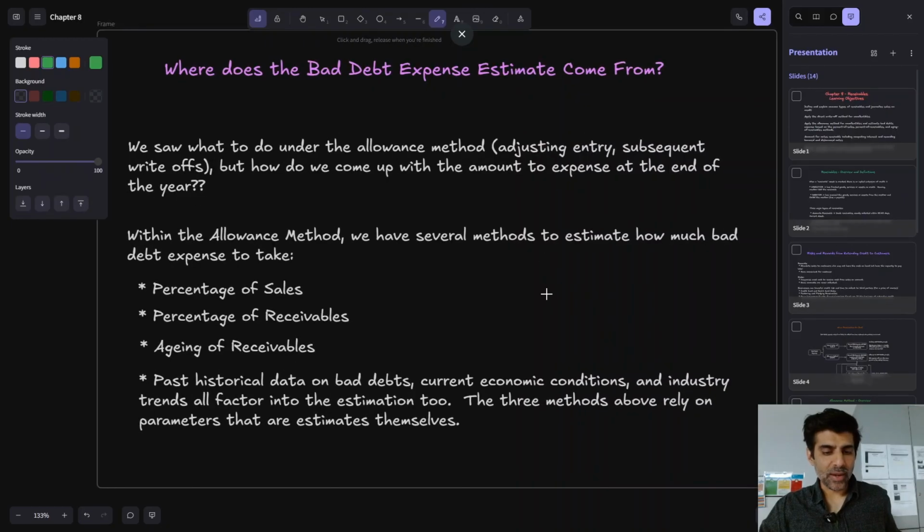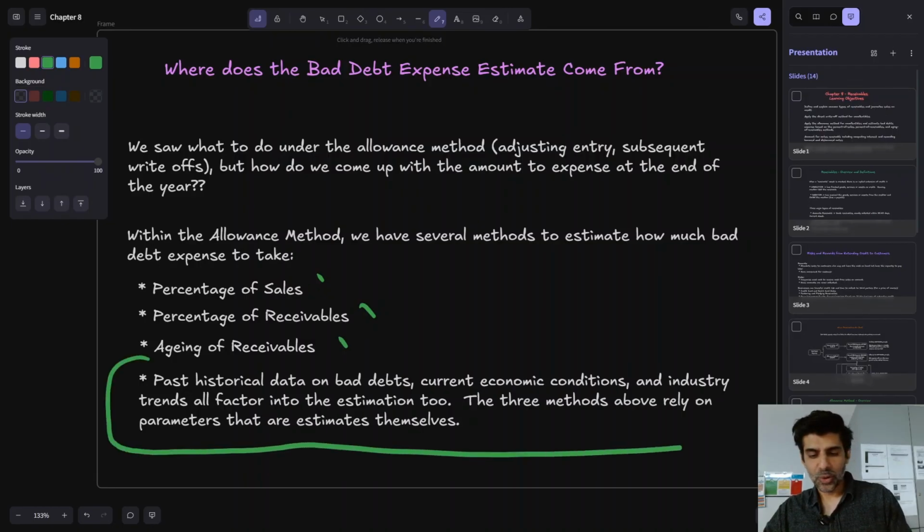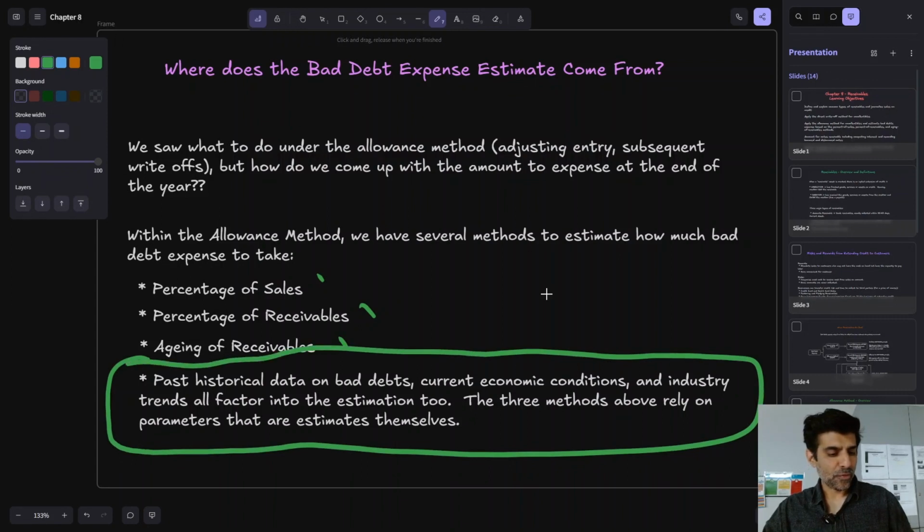There are three different ways that we can estimate it: the percentage of sales, percent of receivables, and aging of receivables. What you're basically going to do is use historical information from your company, from your industry, and see how the economy is doing.